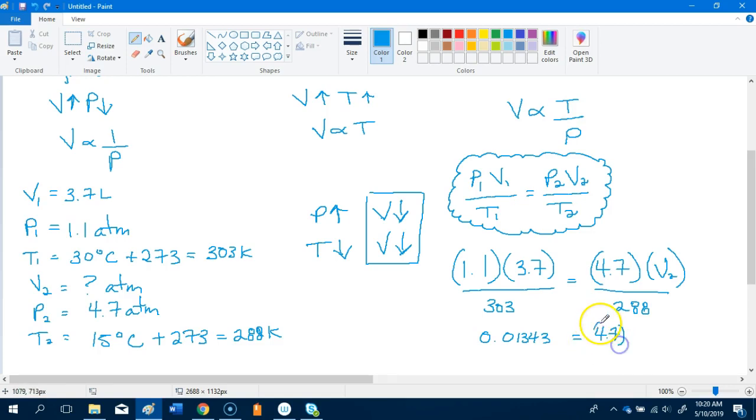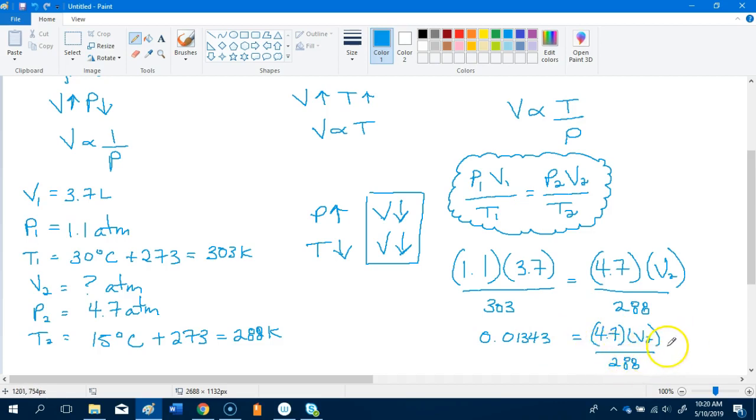That leaves me with 4.7 times my final volume over 288. Now I'm going to isolate my volume, so I'm going to bring the 288 and the 4.7 to the other side using algebra.